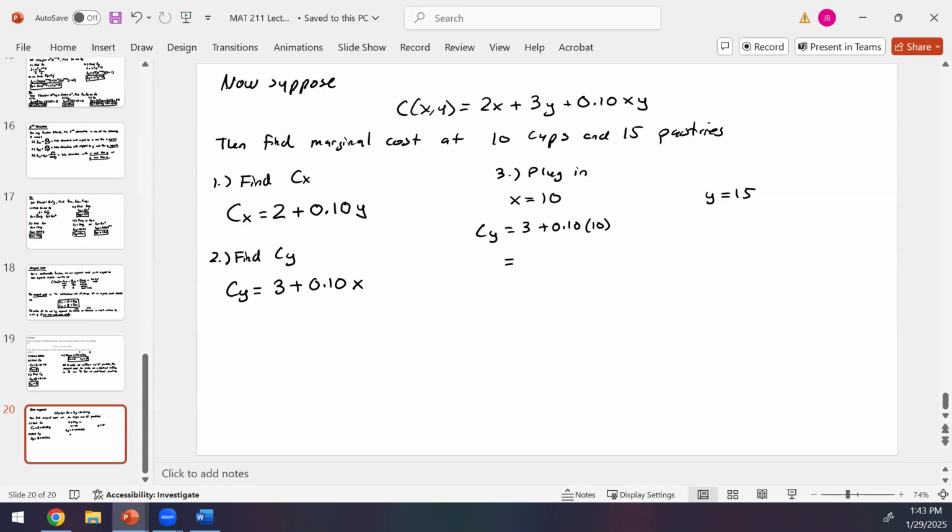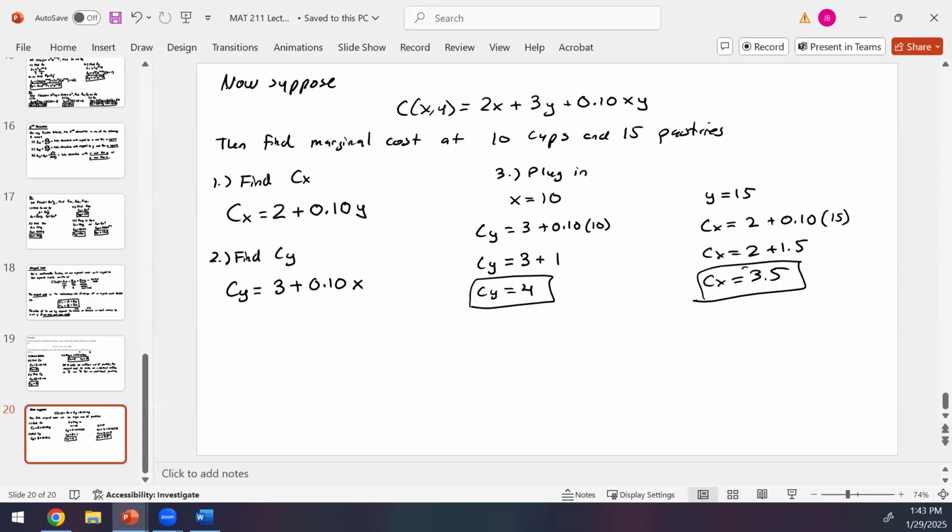And so this means I have 3 plus 1. Okay. And so I get 4. And then over here, I have cx is equal to 2 plus 0.10 times 15. So cx is equal to 2 plus 1.5. And so cx is equal to 3.5. And so those are my values.